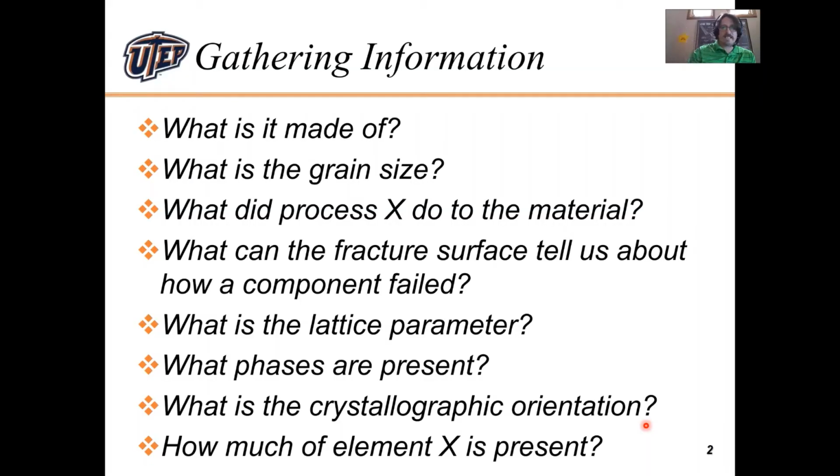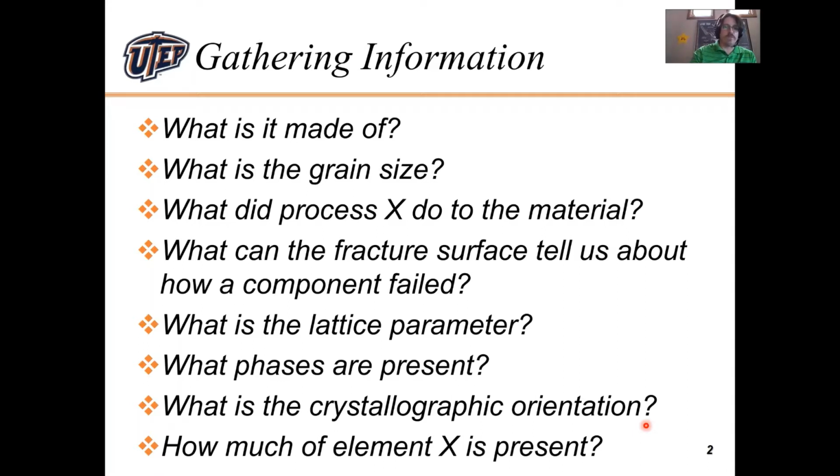This class is pretty much teaching us how to gather information and also interpret the information. So we want to know what we're looking at is made out of, things like what the grain size is. We want to answer questions like what process X did to the material. We do failure analysis quite a bit in our department, so we want to know what the fracture surface can tell us about how the component failed.